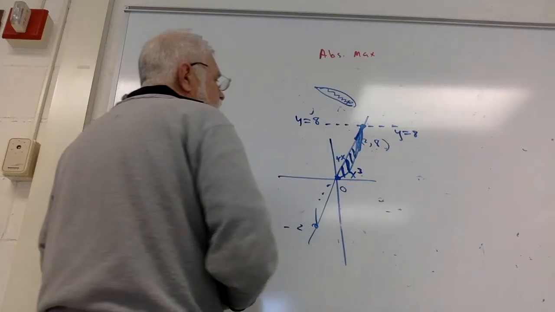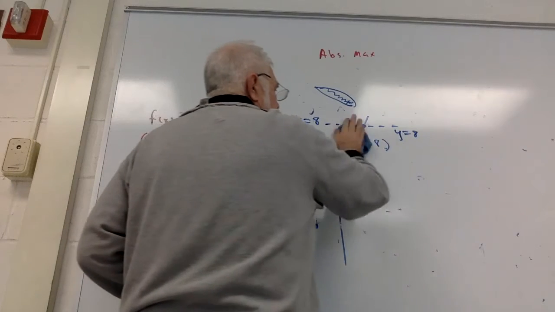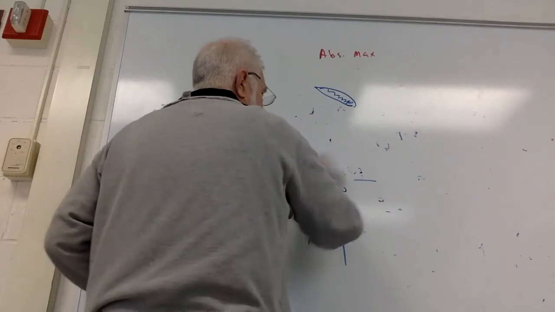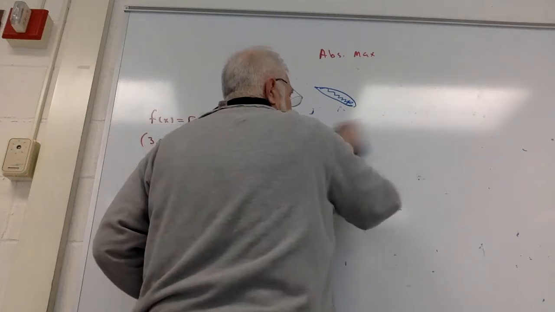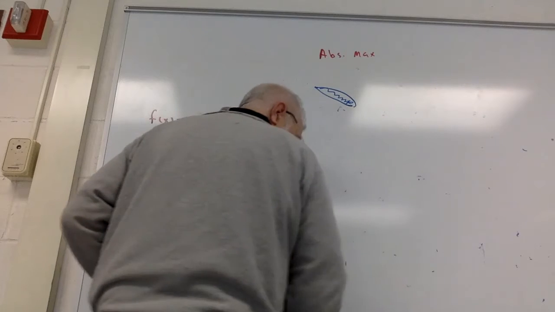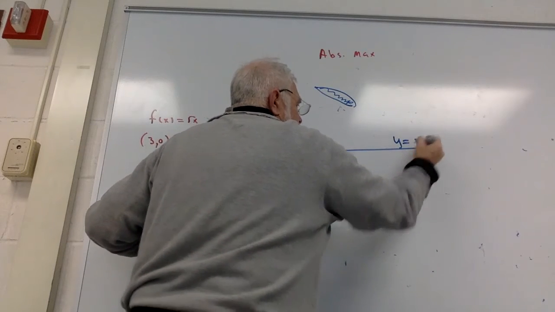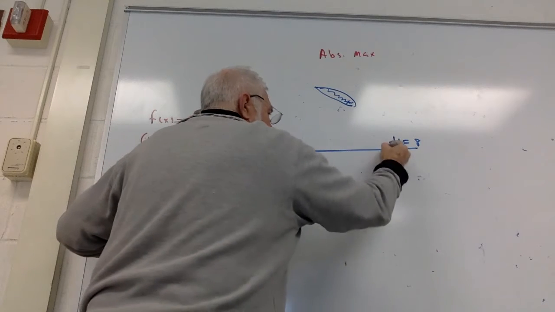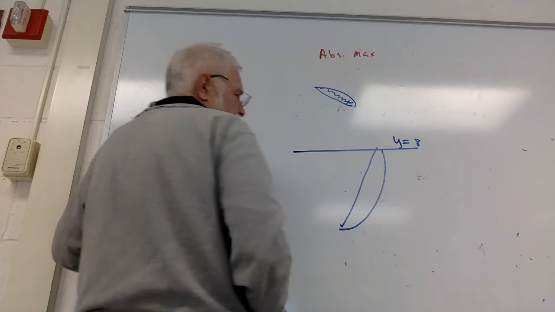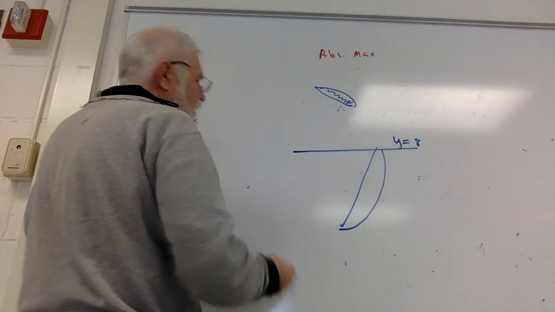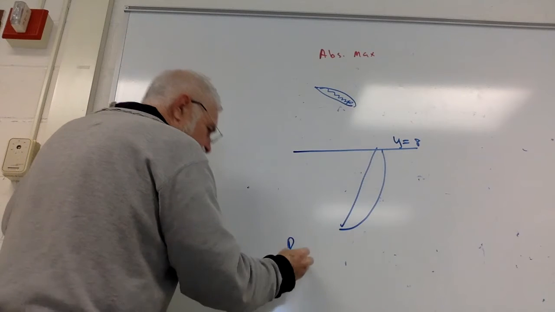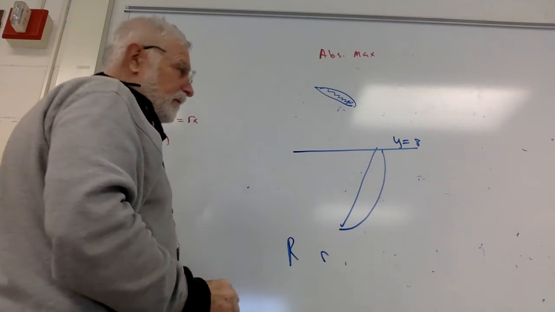It's actually 8. Let me give you a bigger picture here. Clean this up a little, because I know this is hard to see when you first start. Okay, so this is what we've got. We've got y equals 8. We've got that and that. And what you want to define in these situations is your big radius and your little radius.